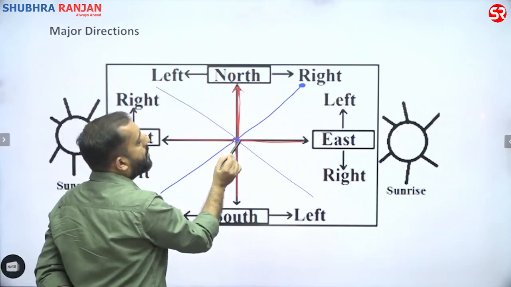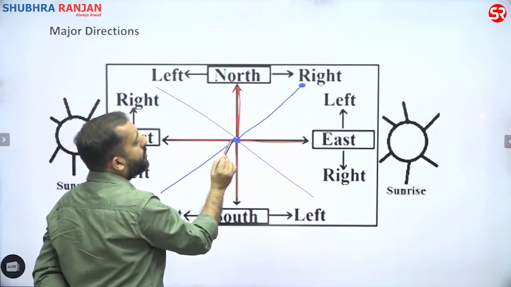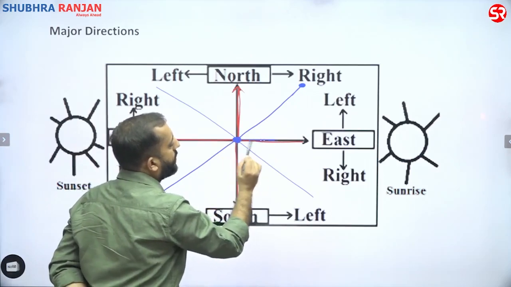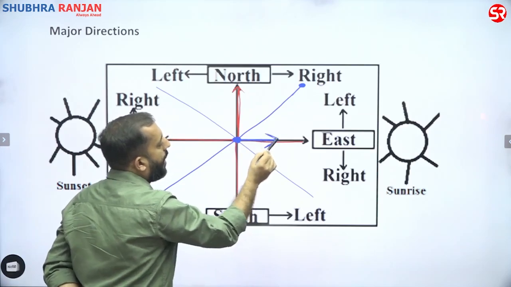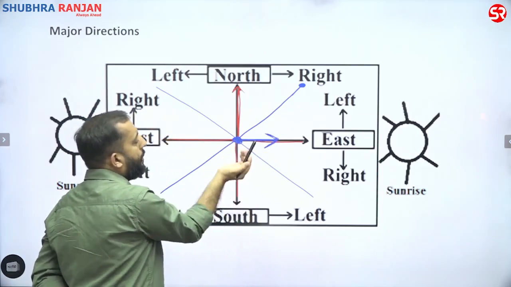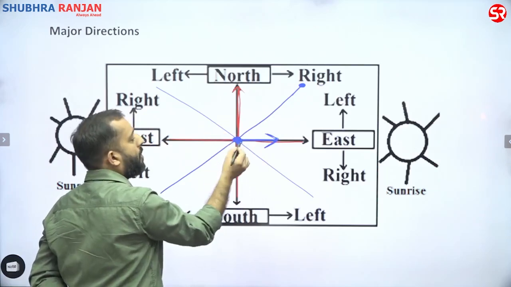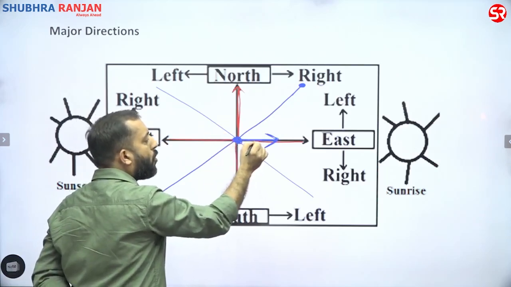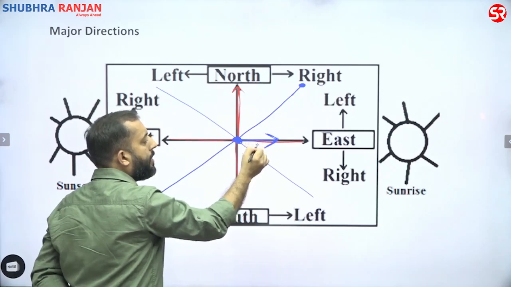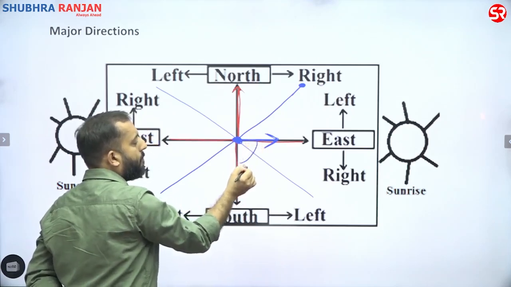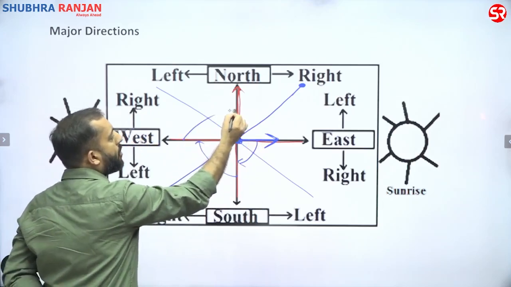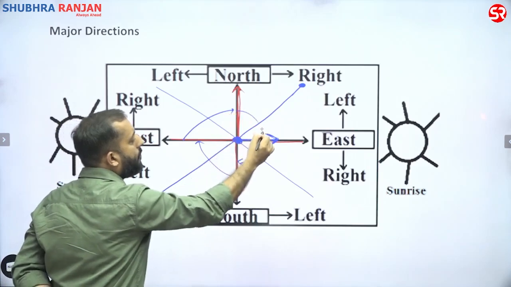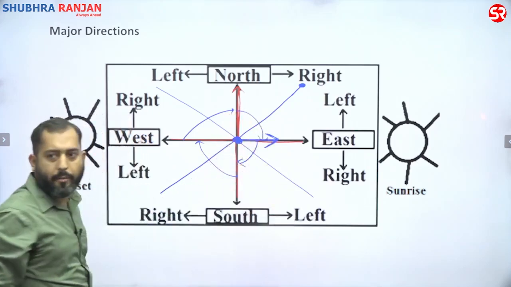Suppose you are standing at a point at the origin and you are facing the east direction. From this position, if you go clockwise, then after east, south will come, then after south, west will come, then after west, north will come, and after north, you will come back to east again.